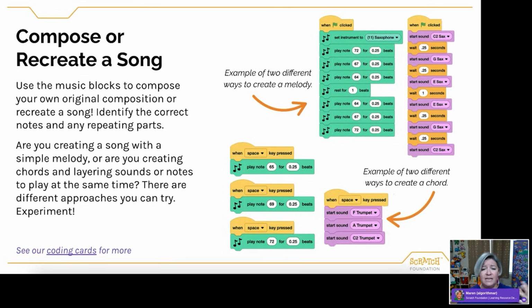So here's just an example of, again, multiple approaches to something. These do similar things, but they are set up using different blocks in a slightly different way. And it's really about what is the need of your user and what do they want to accomplish here. So multiple avenues for creation.